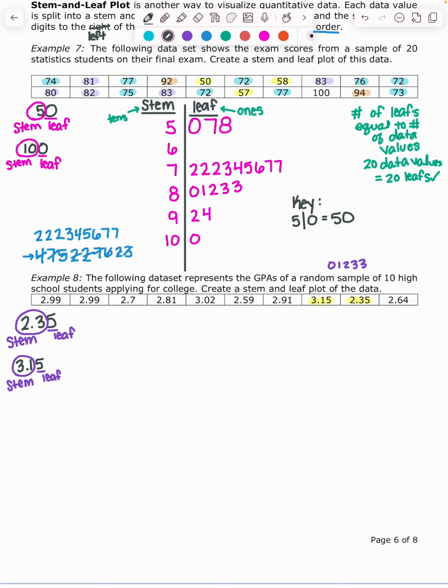All right, so our stem goes here and our leaf goes here and we draw a line. I have a feeling I'm going to need a long line because we have to go from 2.3 all the way to 3.1.